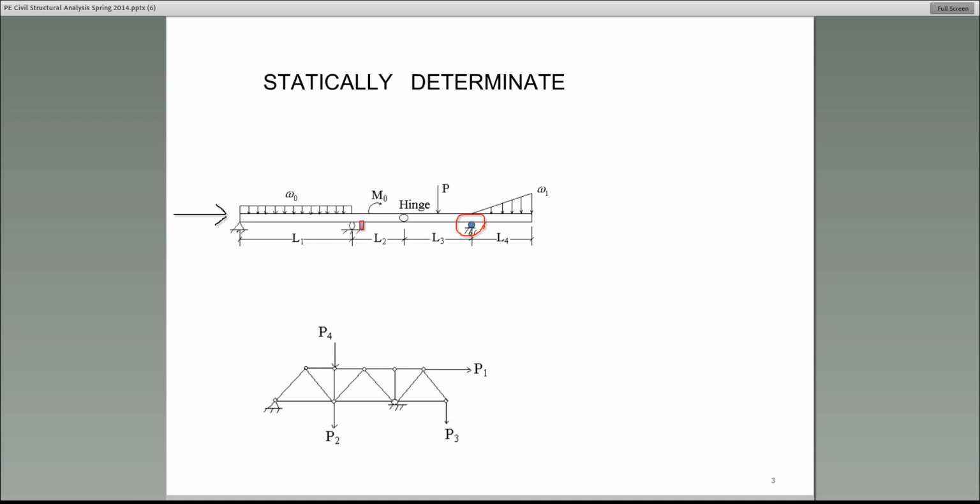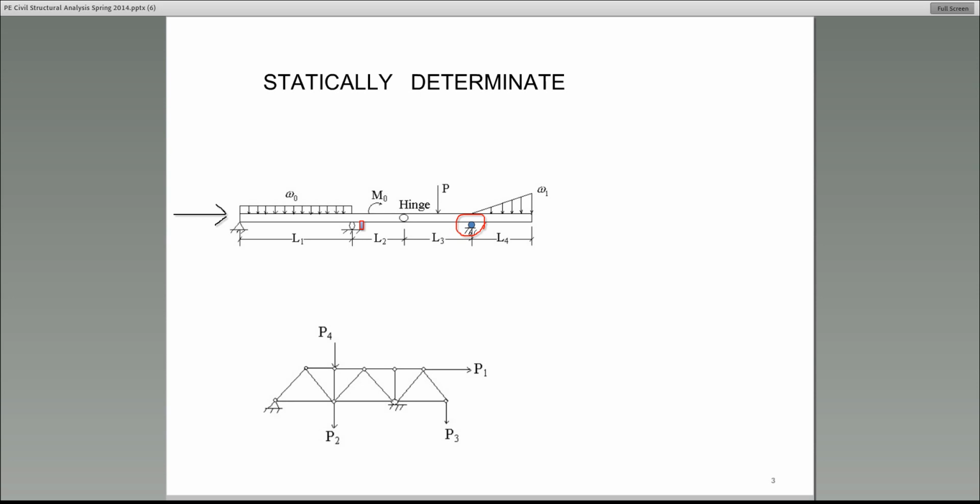We have 2 at the pin support, 1 and 1. So there are 4 unknowns. How many equations of equilibrium do we have to use? Well, there are 3. There are always 3.